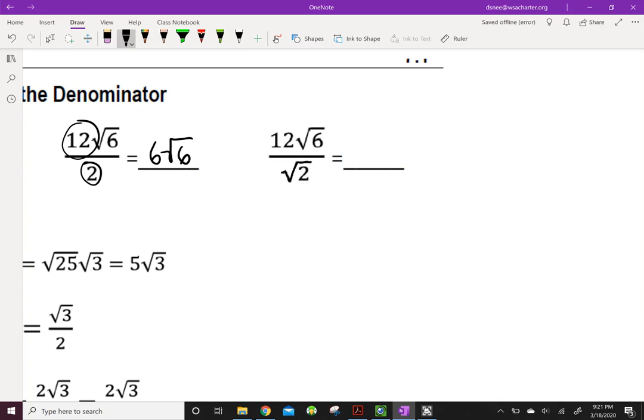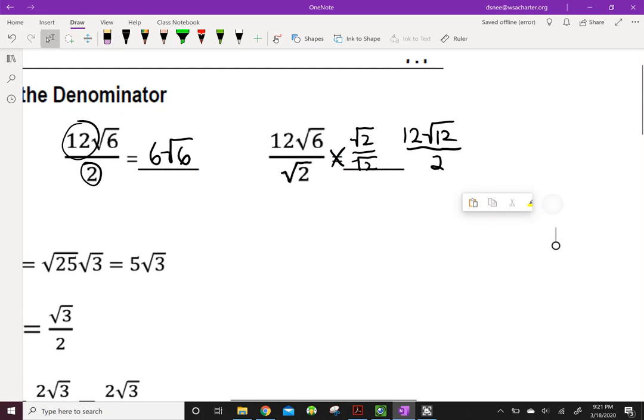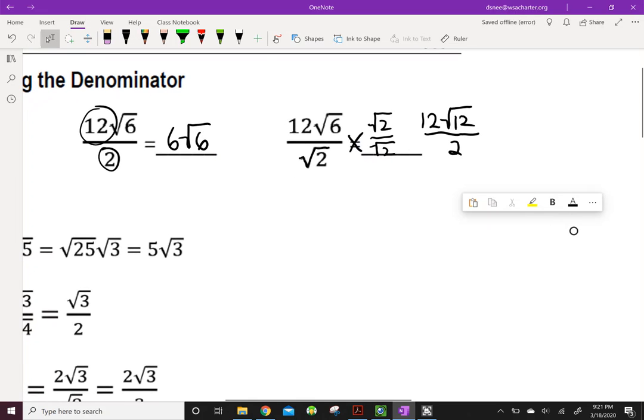So if I multiply everything by square root of 2, I wind up with 12 times the square root of 12 divided by 2.